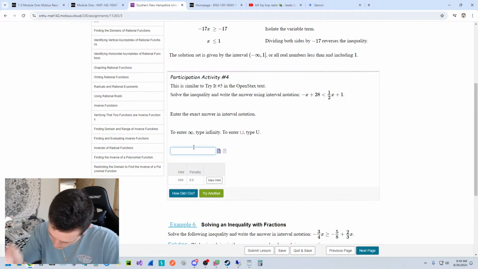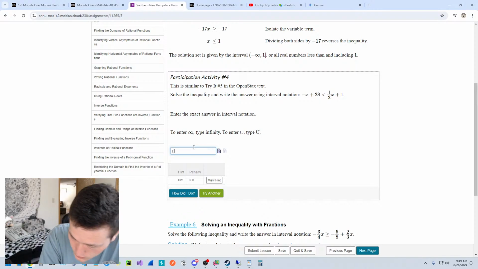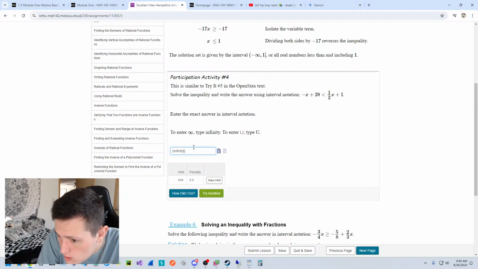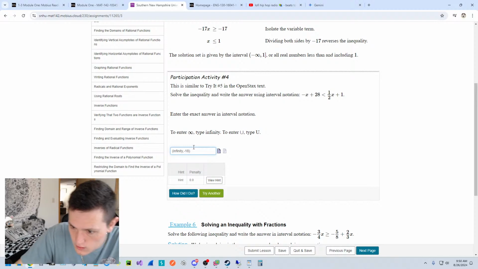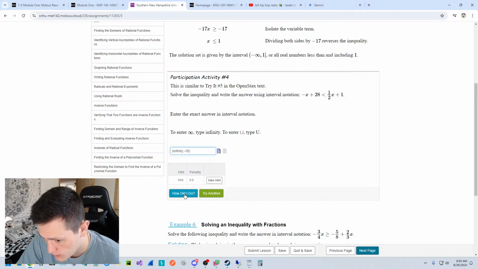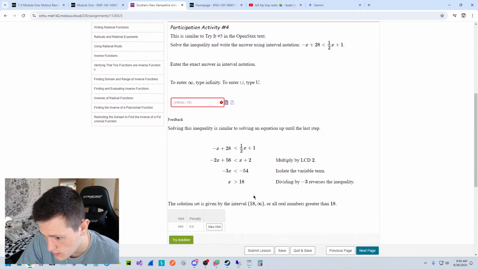I don't know what it's gonna think, so I think this would be infinity. I think this might be right. I don't know. I don't think it is actually. So what did I do wrong?